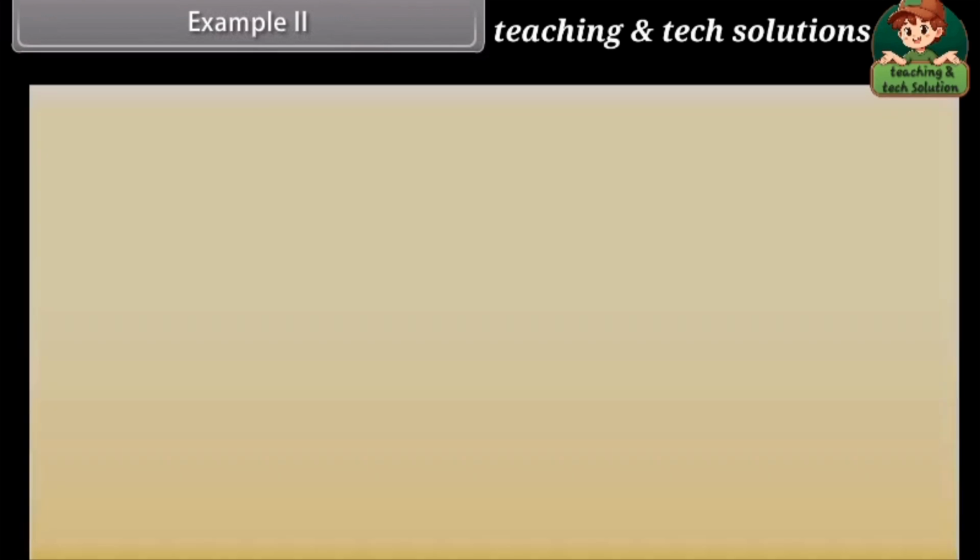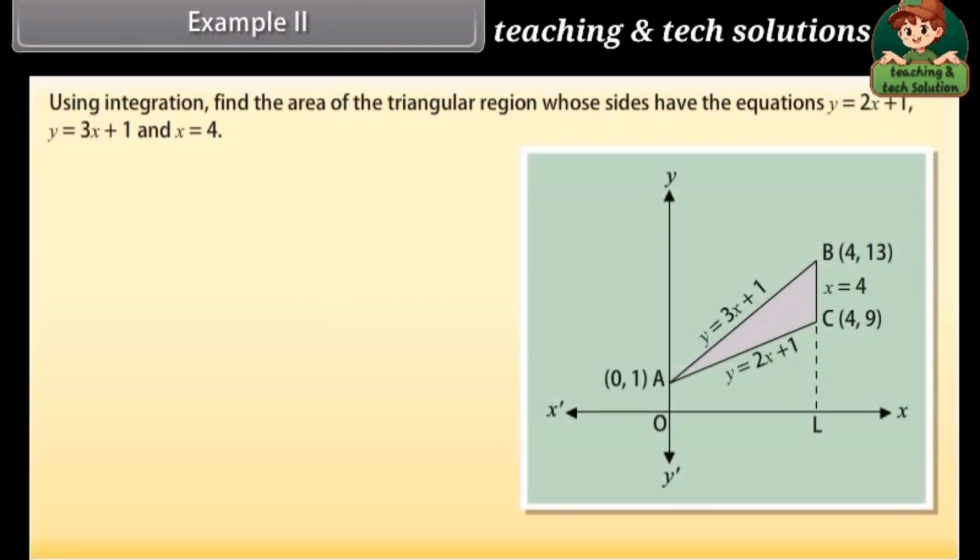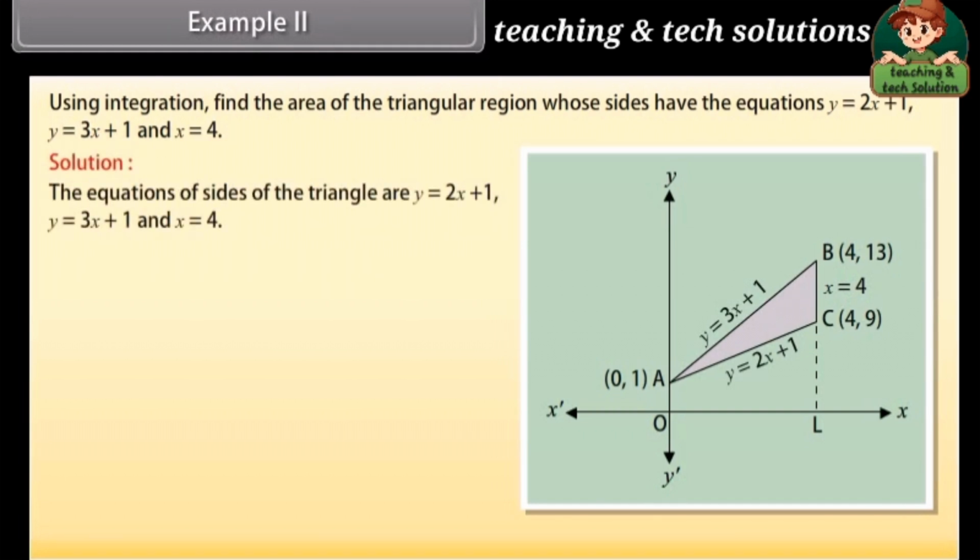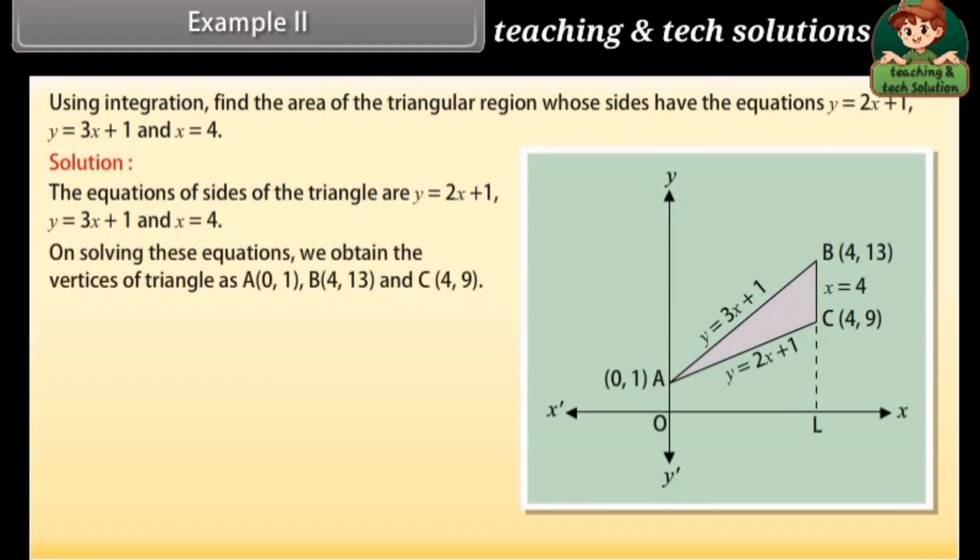Example second. Using integration, find the area of the triangular region whose sides have the equations y equals 2x plus 1, y equals 3x plus 1 and x equals 4. Solution. The equations of sides of the triangle are y equals 2x plus 1, y equals 3x plus 1 and x equals 4. On solving these equations, we obtain the vertices of triangle A(0, 1), B(4, 13) and C(4, 9).